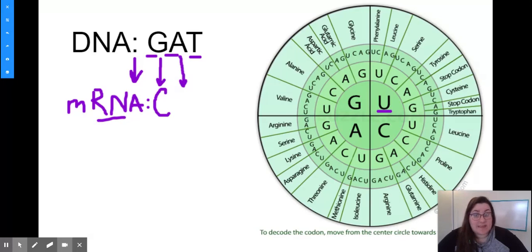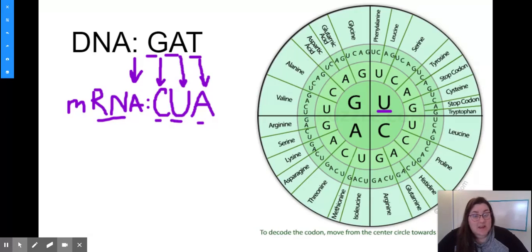They can't have T. So instead, I'm going to pair it with a U. And then the final letter of my DNA sequence is a T, and T usually pairs with A. I'm totally allowed to have an A in my RNA molecule, so we're going to go ahead and add an A there. Okay, so this is my RNA sequence, my CUA.